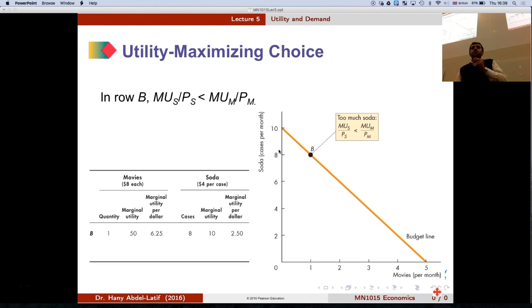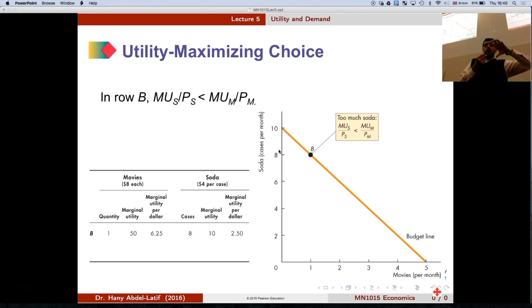Point B. Does this point maximize her utility, or is this where her equilibrium is? When I talk about consumer equilibrium, I mean the point at which they maximize their total utility. They are the happiest, the most satisfied. That's the idea.